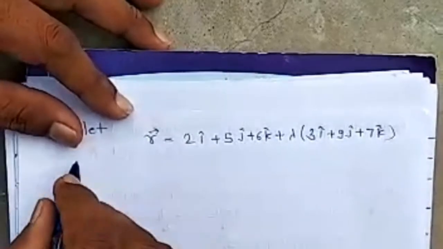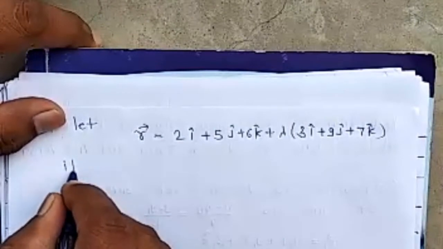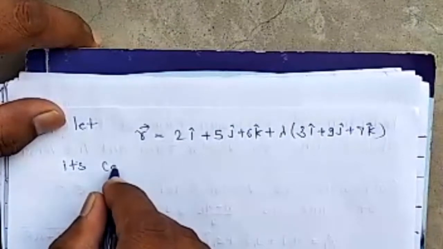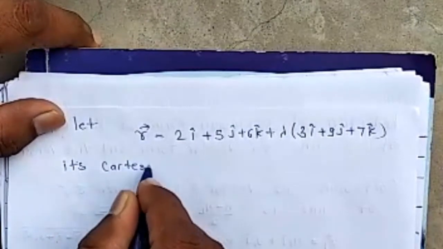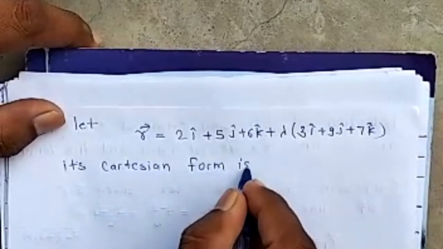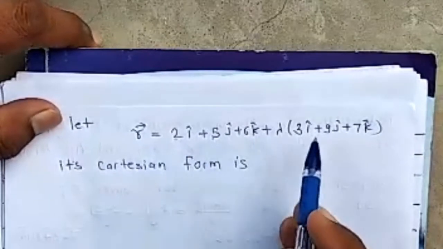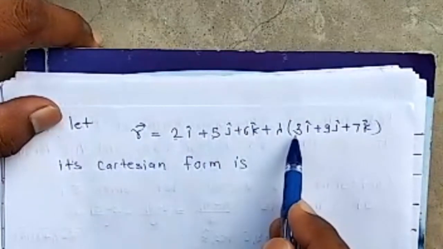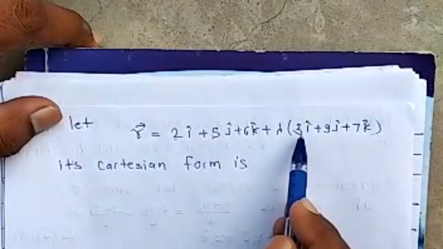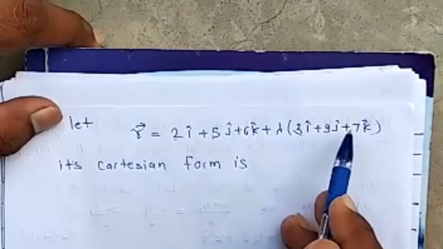Then its Cartesian form: here x1, y1, z1 are 2, 5, 6, and m vector is 3i cap plus 9j cap plus 7k cap, means values of a, b, c are 3, 9, 7.